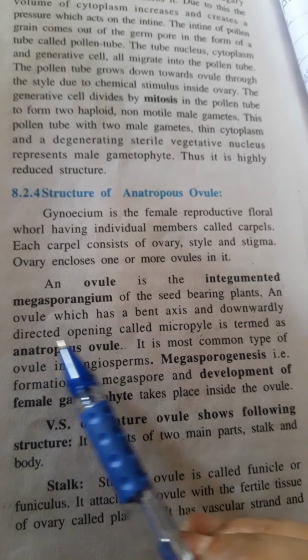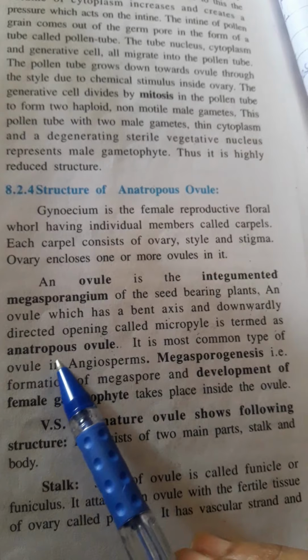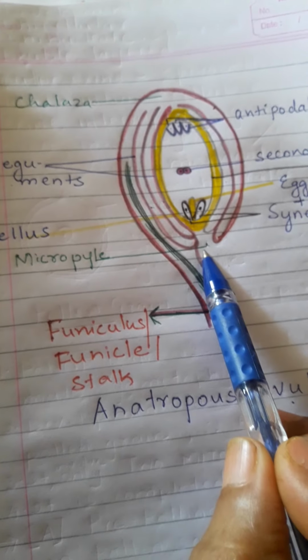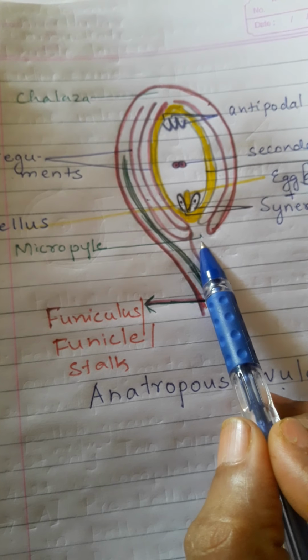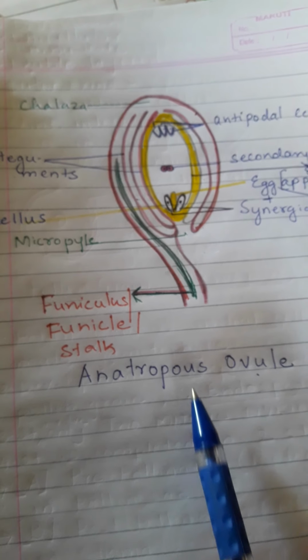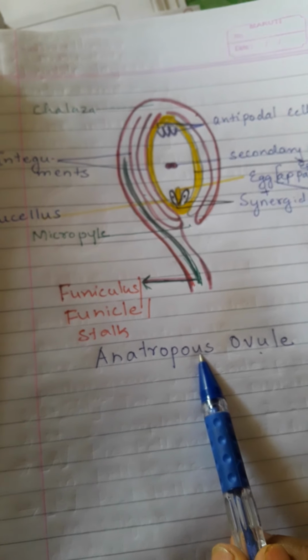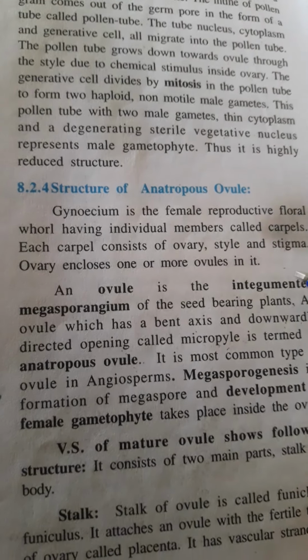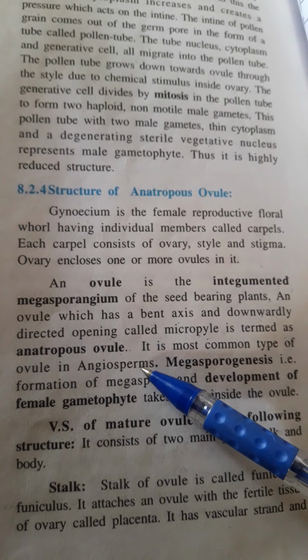When the micropyle, could you see this? This is the micropyle. When this micropyle is directing downward, it is called as Anatropous ovule. It is the most common type of ovule in angiosperm.